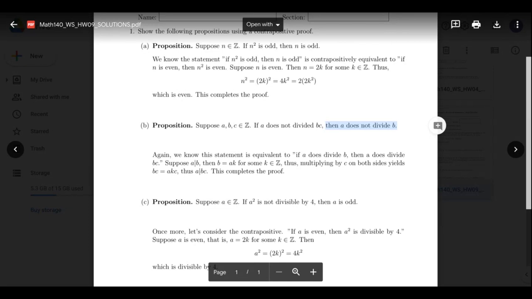Just notation. Does that make sense? To recap: a divides b means b equals ak for some integer k, then bc can be written as akc, and this is exactly saying a divides bc.